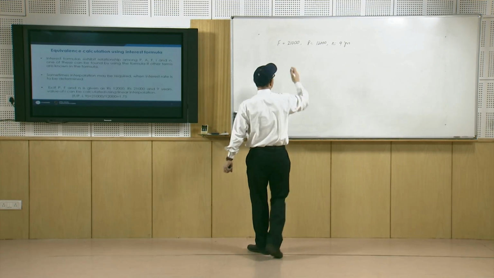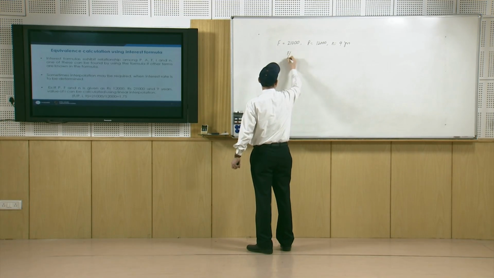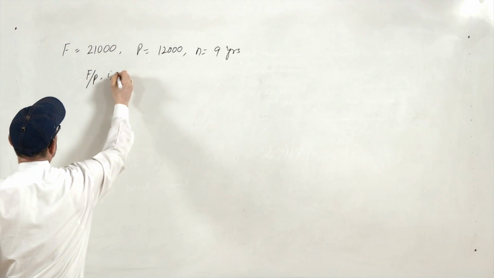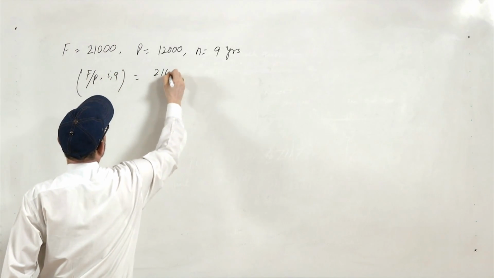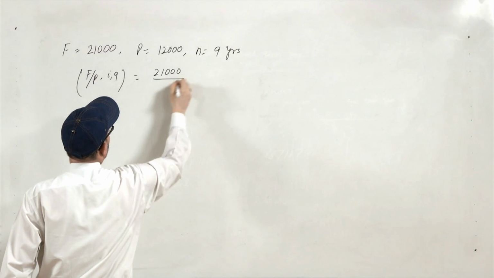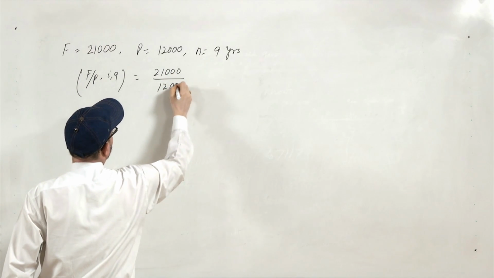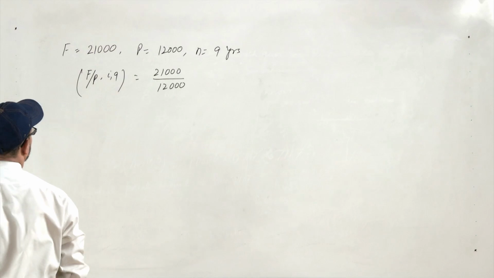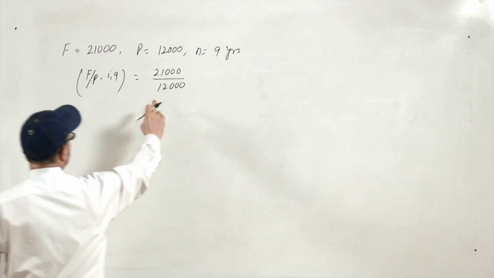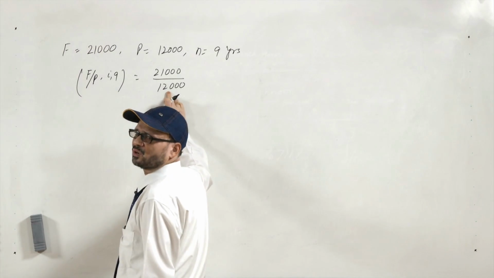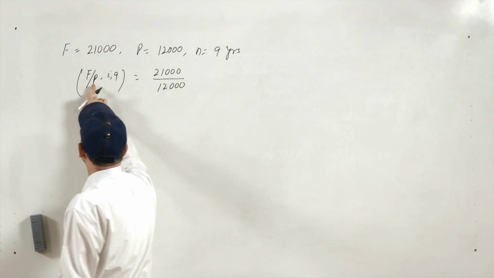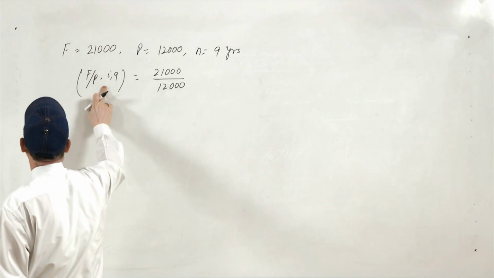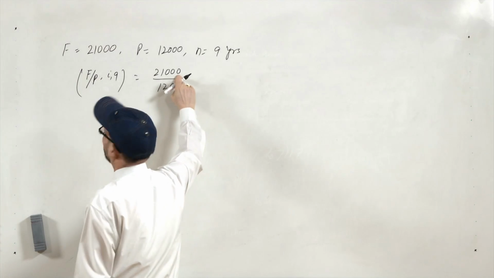Now, F by P, I, 9 comes out to be 21,000 by 12,000, because when P is multiplied with this factor, it should give you the F.